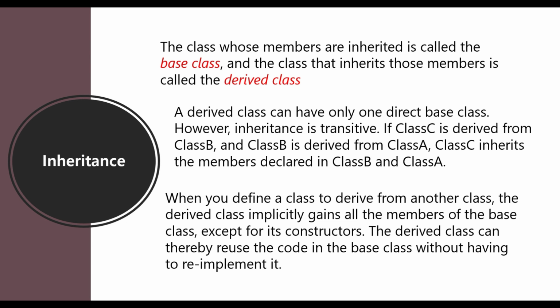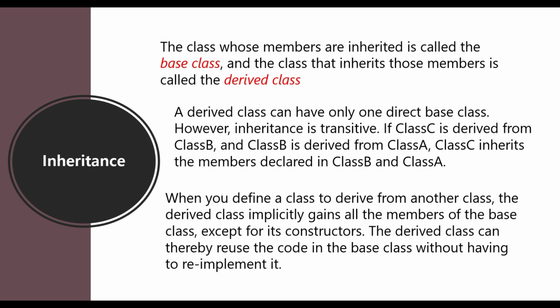A next very important thing is that when you define a class to derive from another class, the derived class implicitly gains all the members of the base class except for its constructors. So this is very, very important. A class can inherit from another class things like properties, things like methods, but it cannot inherit constructors.